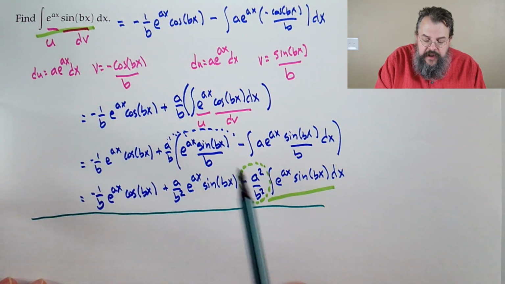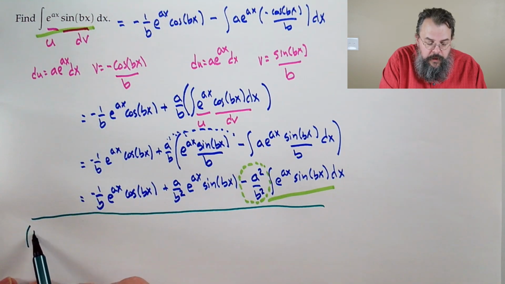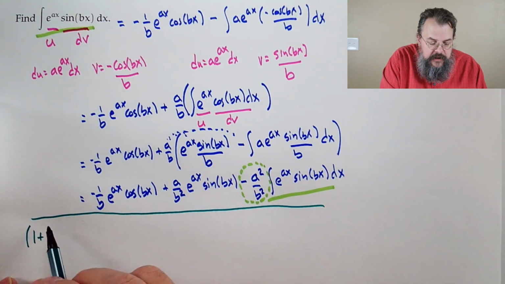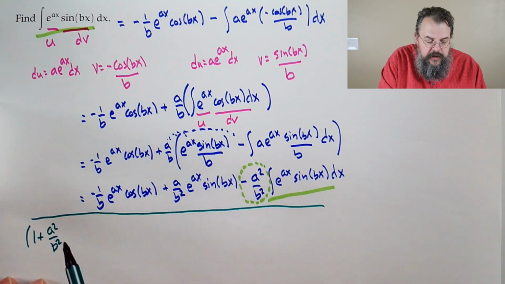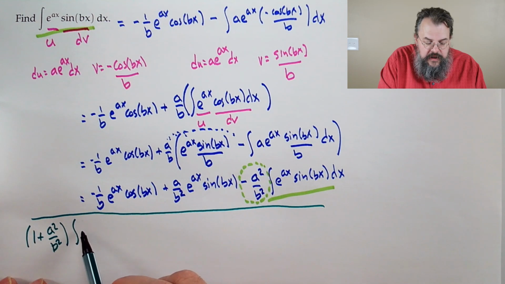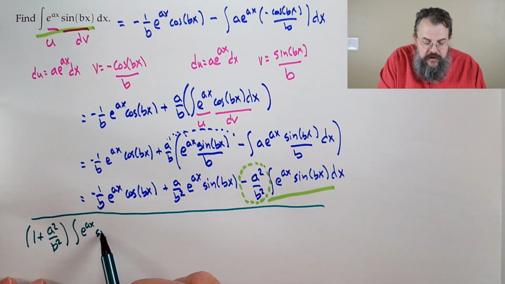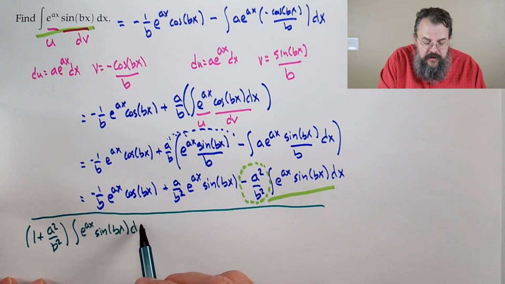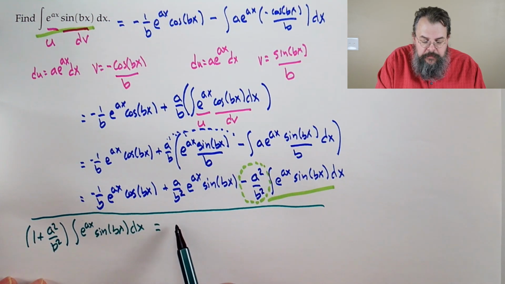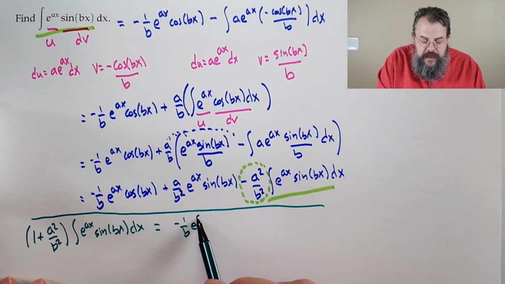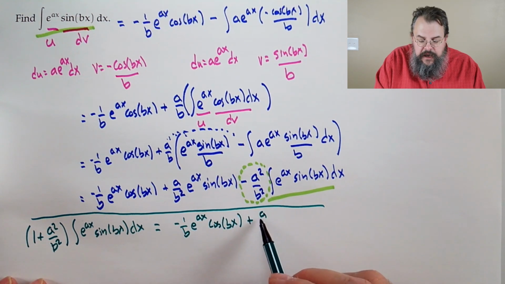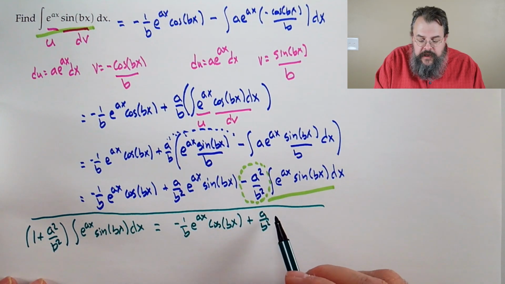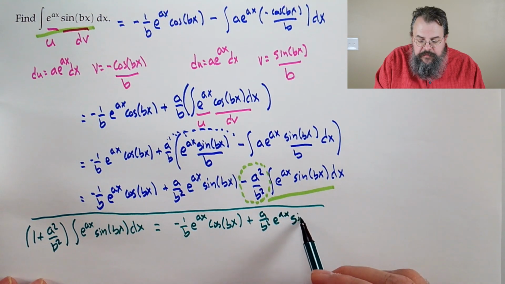We have this integral plus that integral, which makes it a 1 from this one, plus, because when we bring it across, we add a squared over b squared, which is from that, times the integral of e to the ax sine of bx is equal to minus 1 over b e to the ax cosine of bx plus a over b squared e to the ax sine of bx.